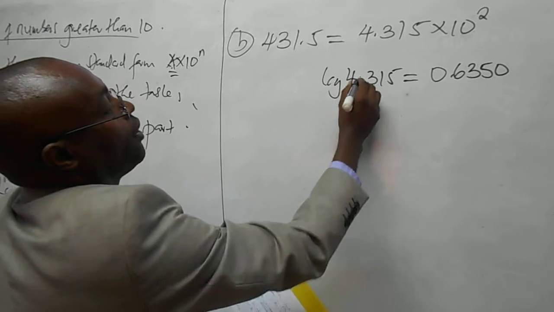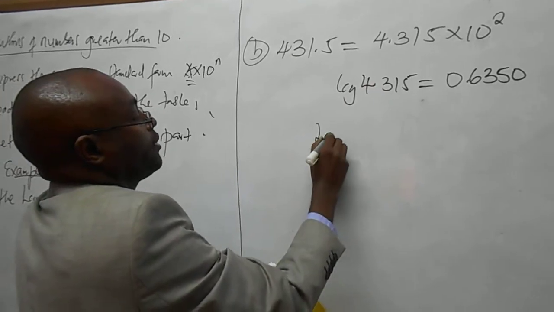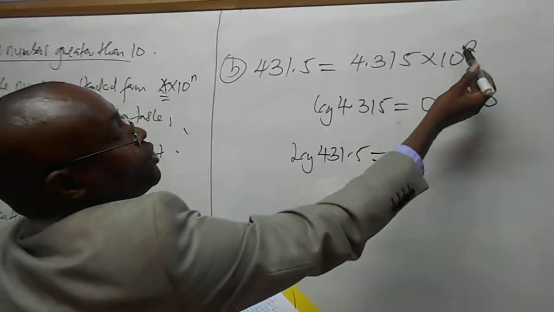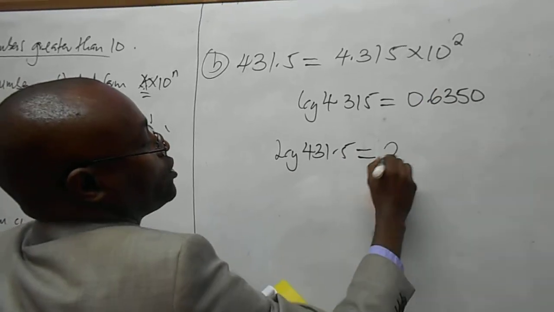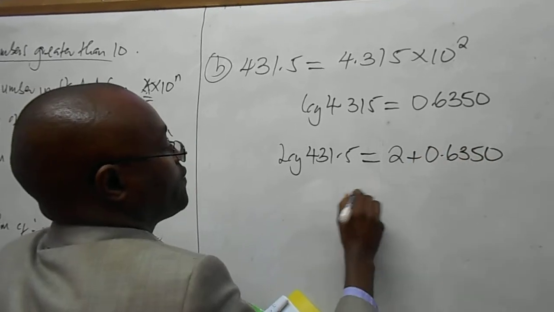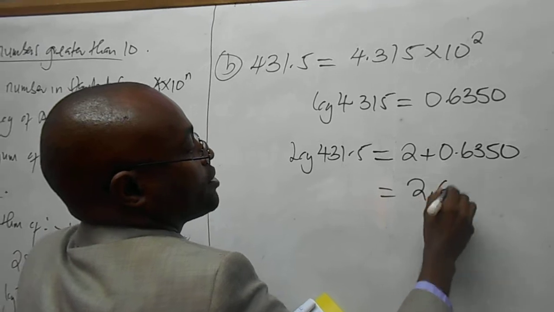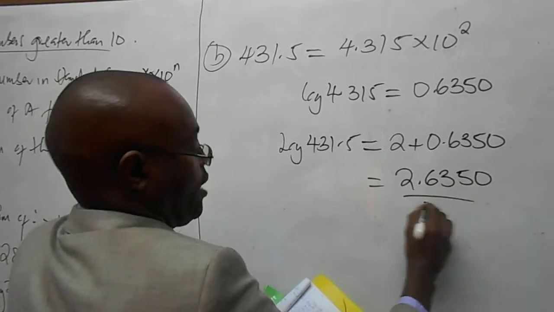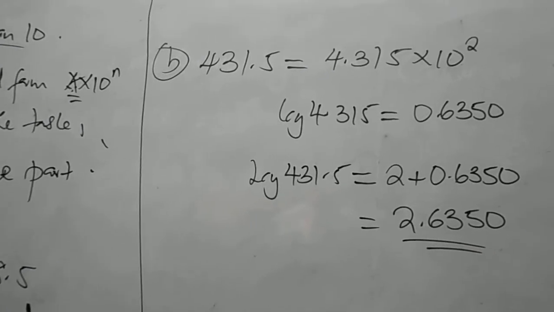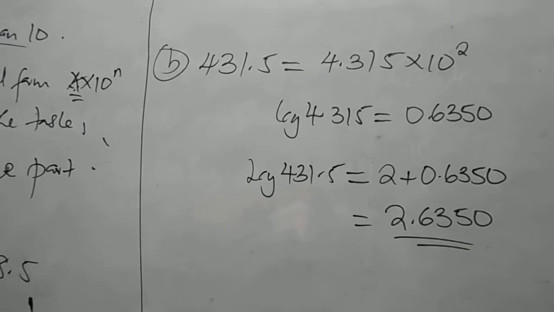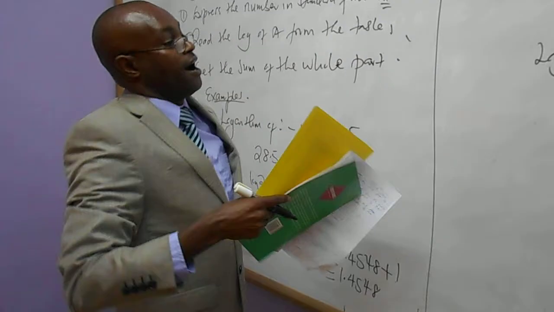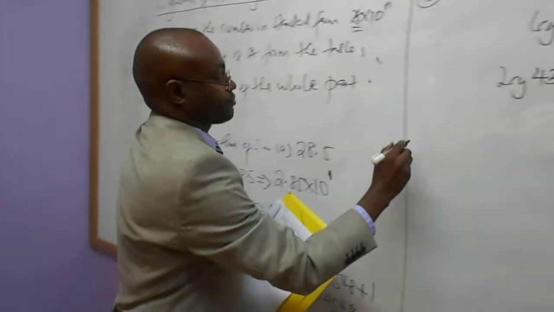So log of 431.5 will now be 2 plus 0.6350, which gives us 2.6350, and that will be the log of 431.5.